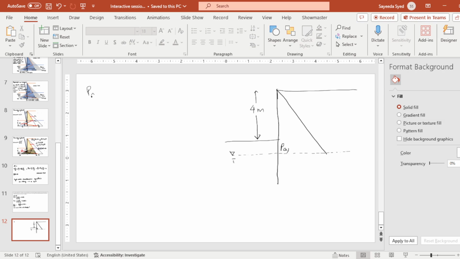So PA1 will be Ka gamma H1, which is Ka 0.295 into gamma, how much is gamma? 17. 17 into 5.